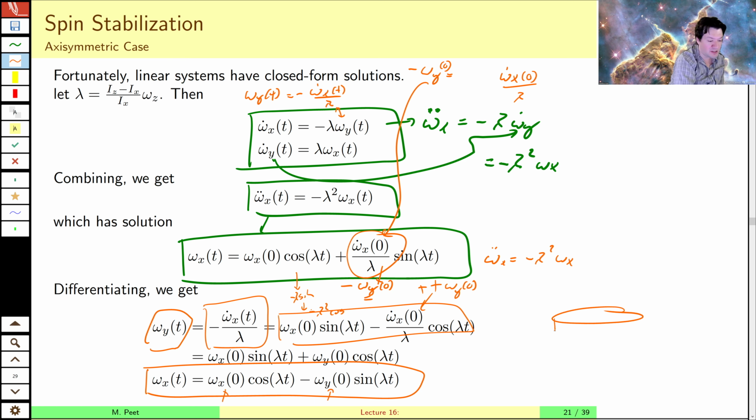Remember, here's your body fixed frame. Those are the components of omega in the body fixed frame, the y and the x components. So if this is x and this is y, it's the distance in that direction and the distance in that. It looks like I've drawn it entirely in x, but you get the picture. So that's a component in the x direction.